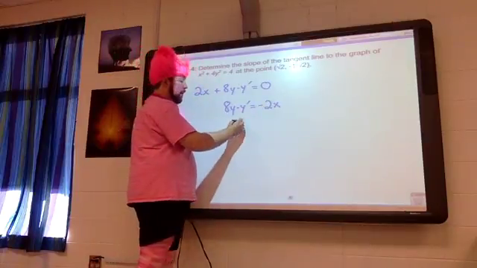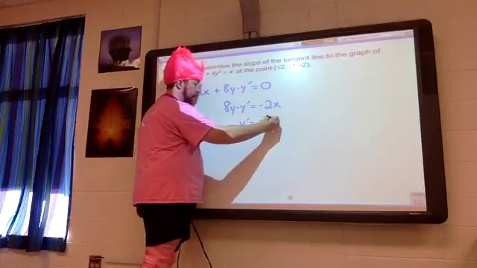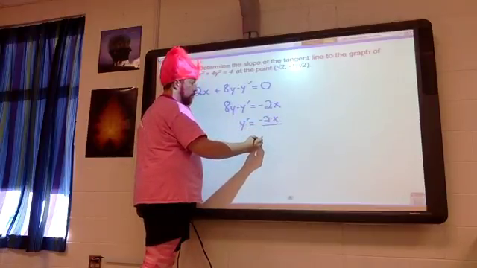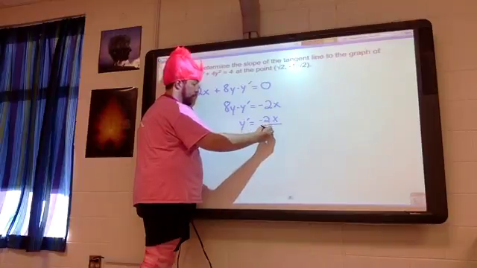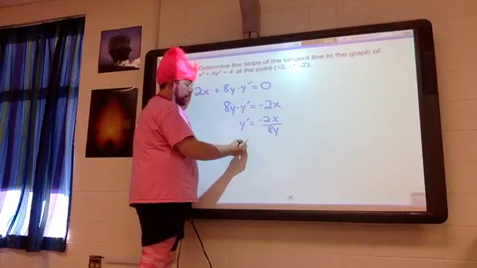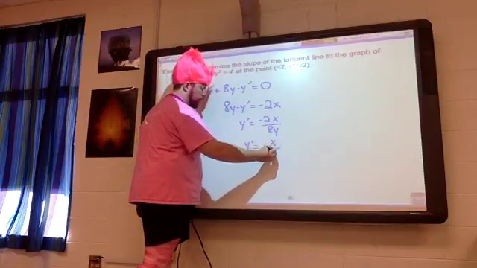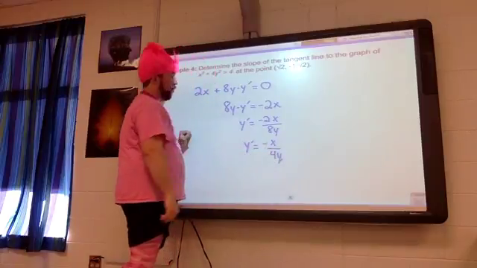Divide by 8y. Y prime is equal to negative 2x over 8y. Do a little simplification of fractions. My y prime is equal to negative x over 4y.